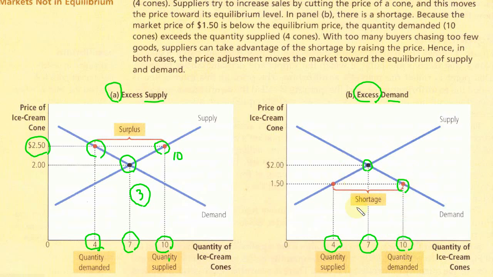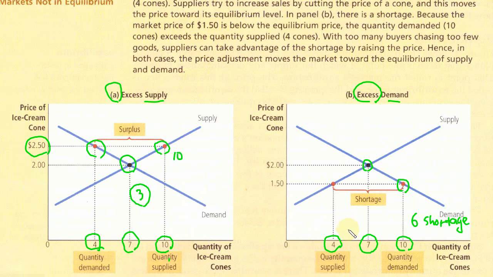Then they have a 6 shortage gap. Okay, 6 shortage gap as the demand increased.